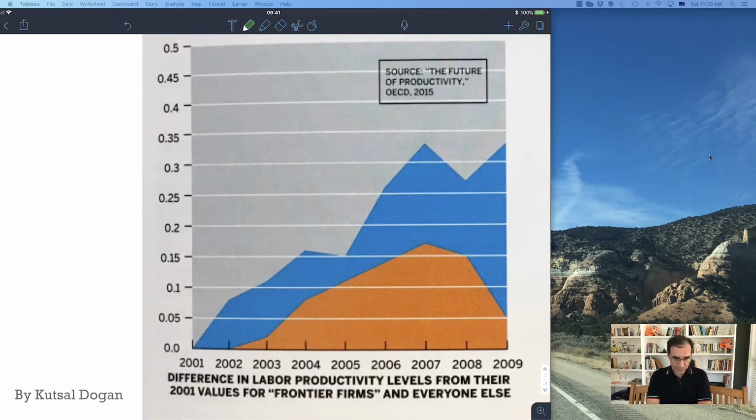It says difference in labor productivity levels from their 2000 values for frontier firms and everyone else. Now, we assume the frontier firms are blue and everyone else is orange, okay? But it's hard to tell. So this is not a good chart. This doesn't really leave a good feeling behind our eyes. It's heavy. There's so much going on there.